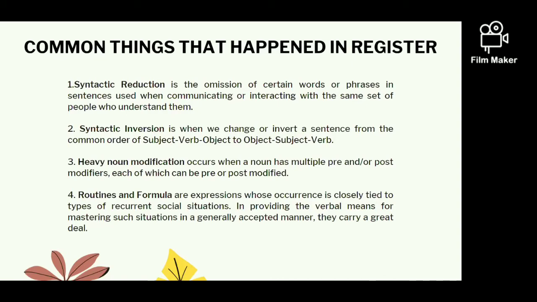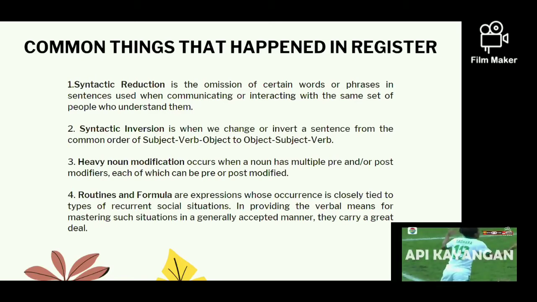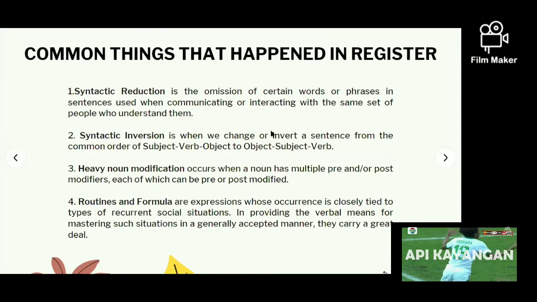And then the next one is syntactic inversion. Syntactic inversion is when we change or invert a sentence from the common order of subject, verb, object to object, subject, verb. The example is the same as in syntactic reduction: "Tendangan api kayangan by Hani Sagara." In this sentence, the football commentator put the object first, then the subject, rather than subject, verb, and then object.